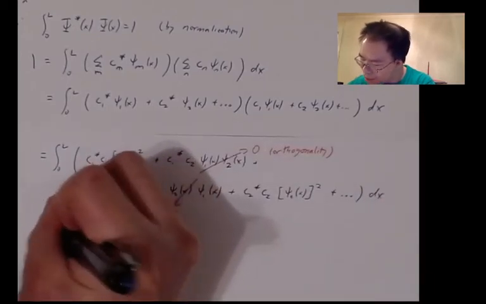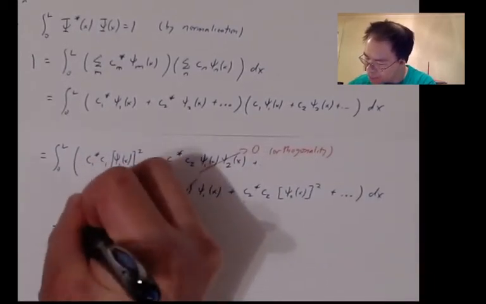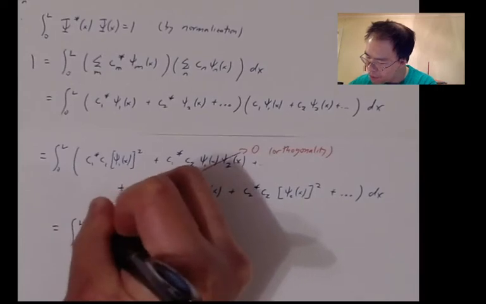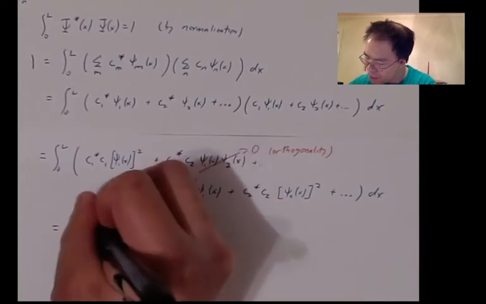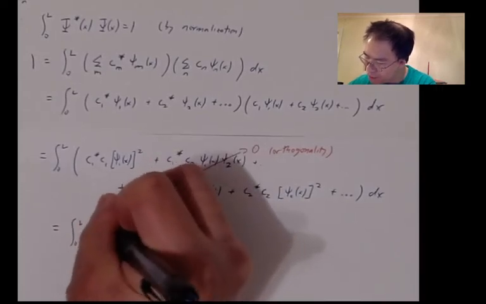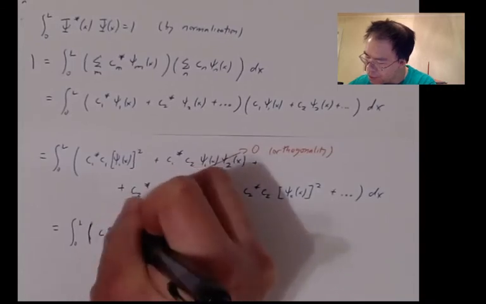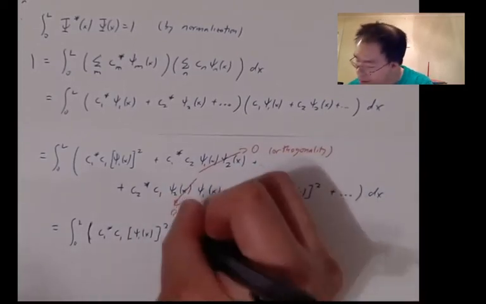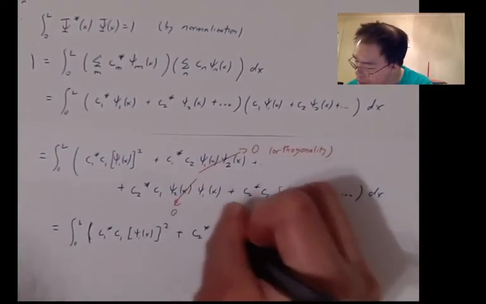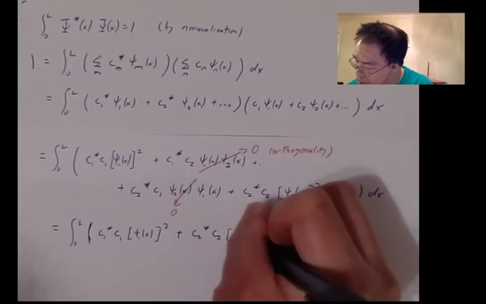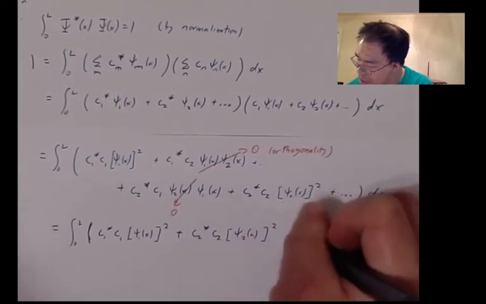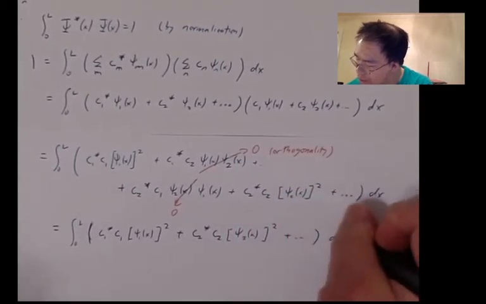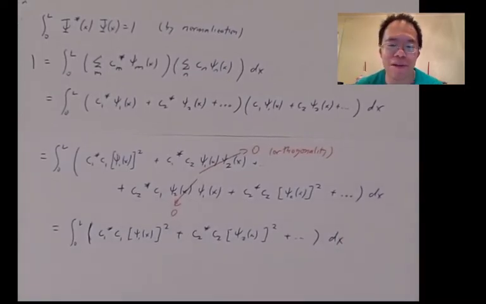So let me write that out. That gives me the integral from 0 to L of C1 star C1 psi 1 of x squared plus C2 star C2 psi 2 of x squared plus dot dot dot. I think you can see where this is going.